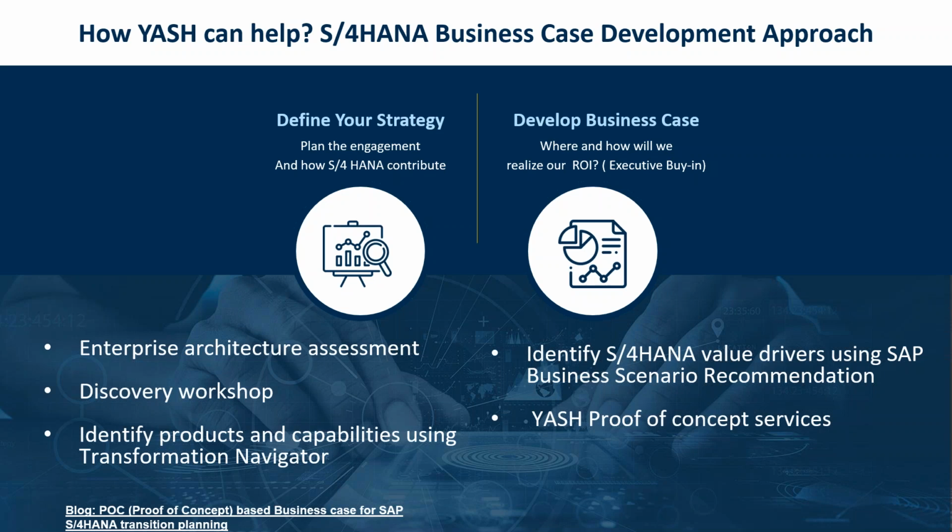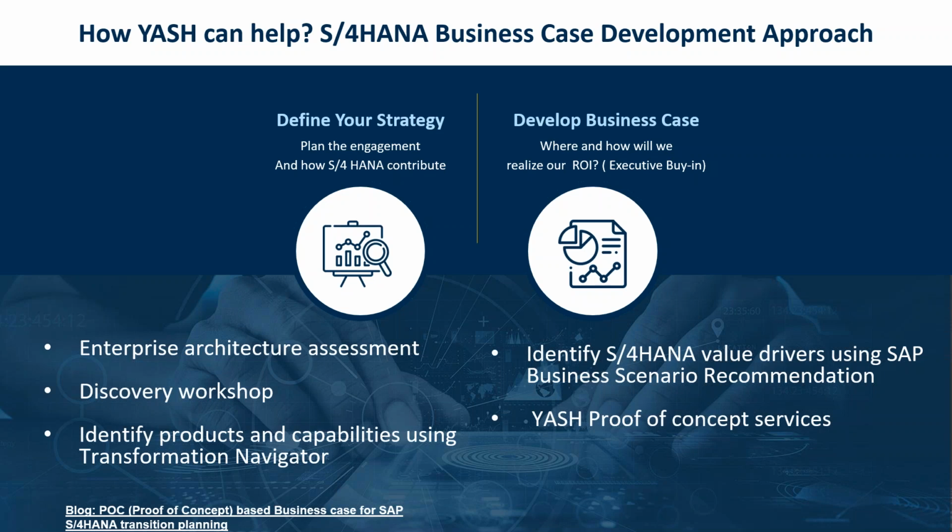What is the approach we follow? We typically start the engagement with an enterprise architecture assessment, because we need to understand your as-is SAP and also non-SAP system landscape and architecture. And then we also do a discovery workshop with your business team to understand your business priorities, whether you want to go with a totally new business model, or do business process reengineering, or go with whatever you have in your S4HANA.